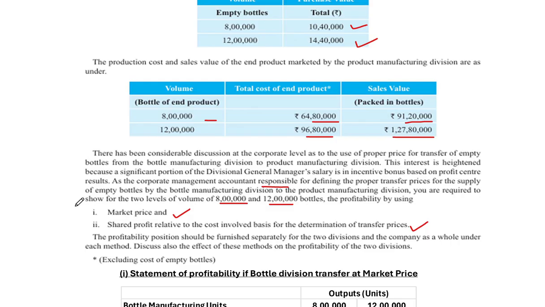In the second method, we will calculate based on the shared market rates, where we have been given the end product cost and sales value in the market. The profitability position should be furnished separately for the two divisions and the company as a whole. Under each method, also discuss the effect of these methods on the profitability of the two divisions.